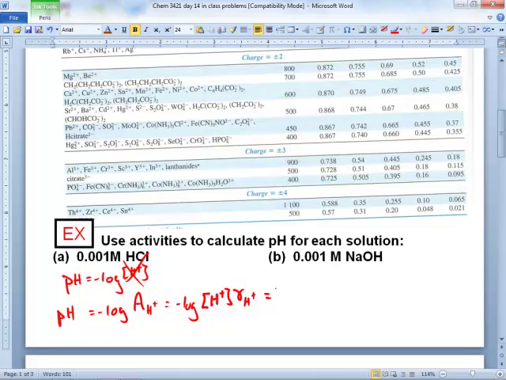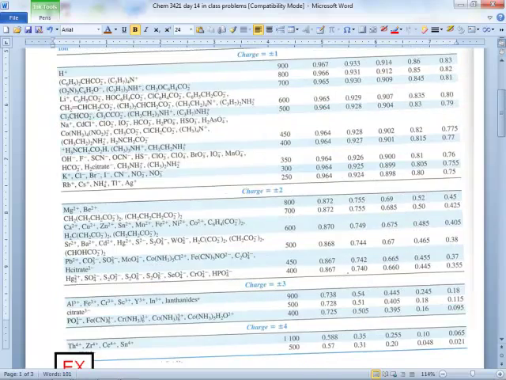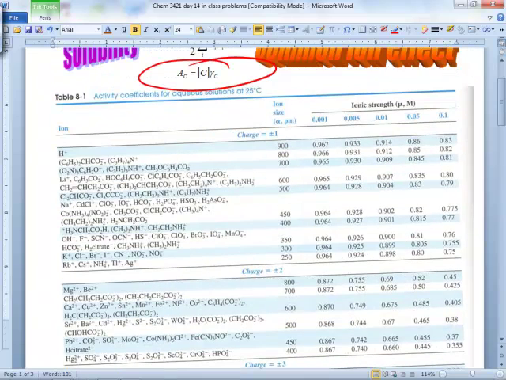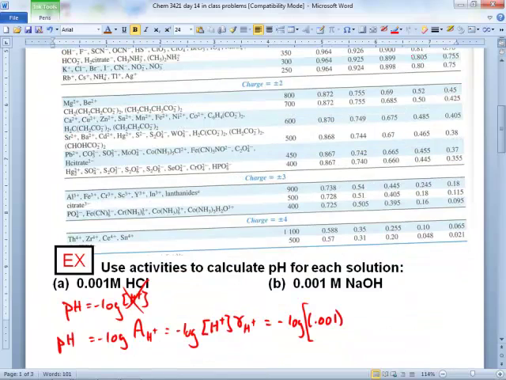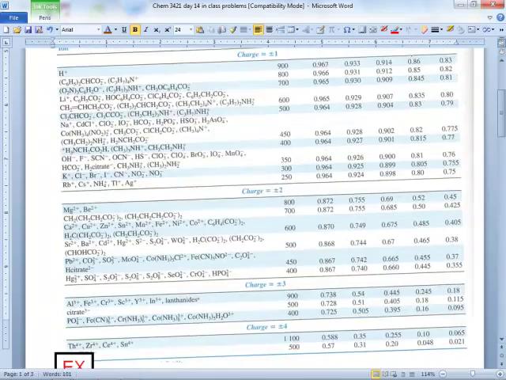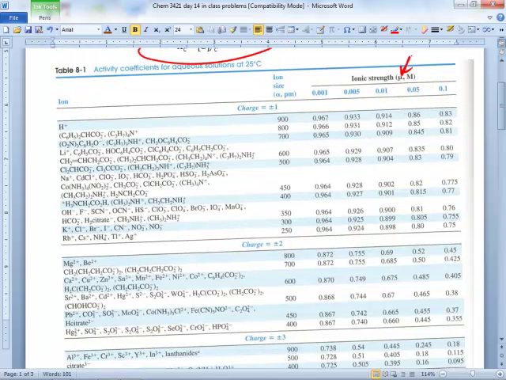Okay. This is getting awfully long here. Negative log 0.001. Well, times this whole thing here, and then times its activity coefficient. Okay, to find an activity coefficient, we need to know the ionic strength. And be in the table. Is it in the table? Yes. Okay. What do you look up for ionic strength?